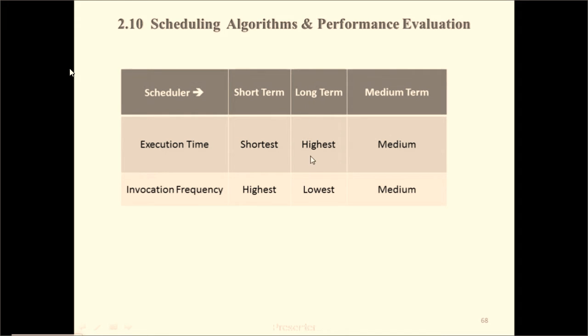So execution time is obviously highest and invocation frequency obviously is lowest. And in between these two, highest and lowest, lies the medium term. Typically the medium-term scheduler is applied to swapping processes in and out.